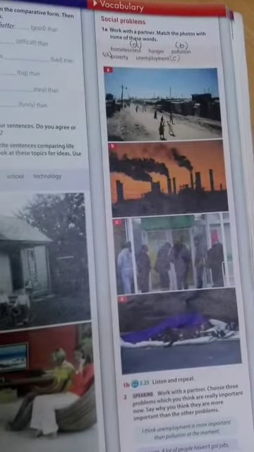Okay, now we are going to answer the workbook questions. I want you now to open your workbook, page 75. Unit 8.